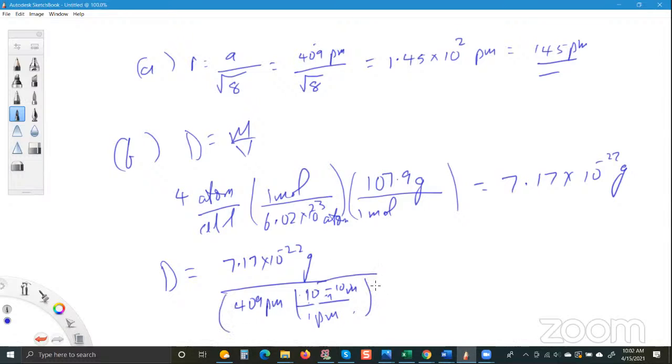And all of this will be cubed. And according to my calculation, this works out to be equal to 10.5 grams per cm cube. All right.